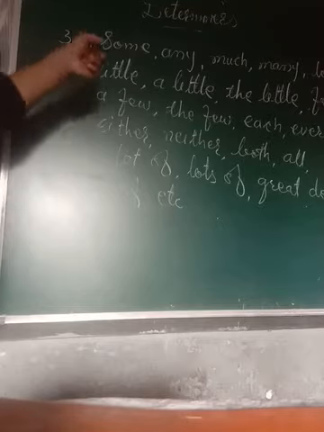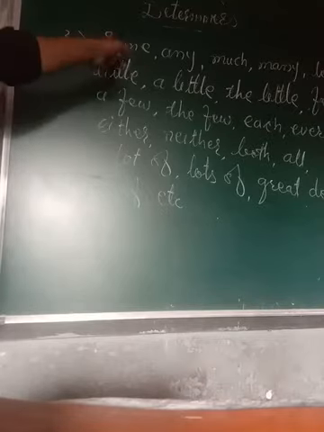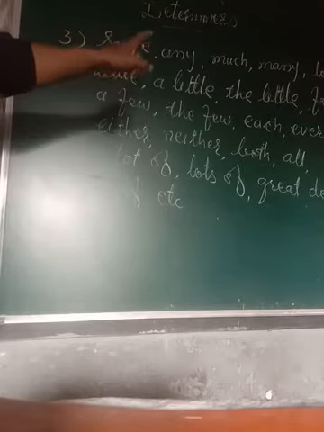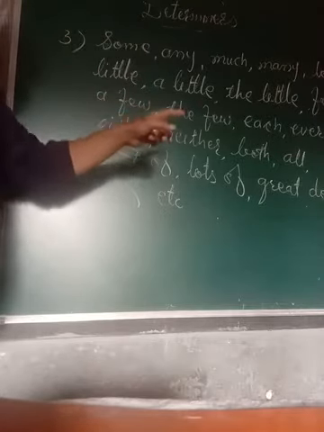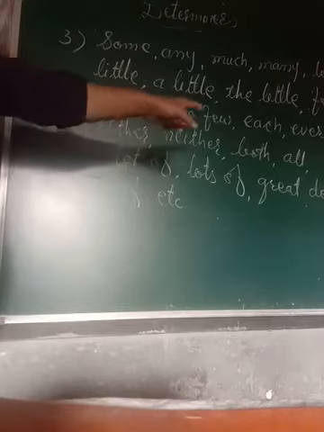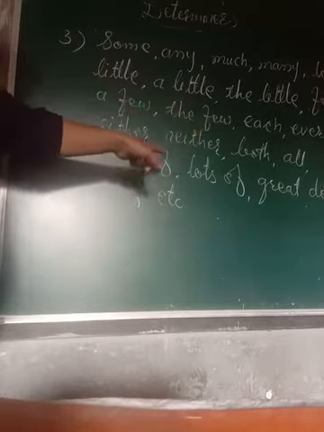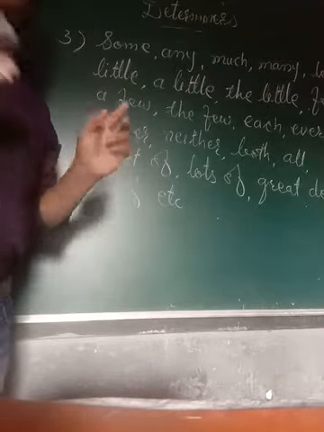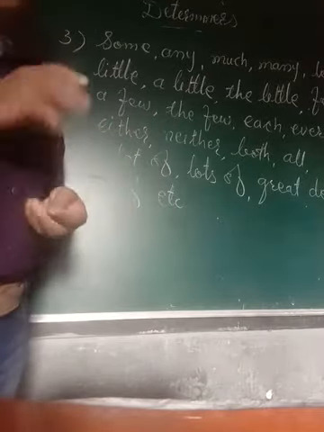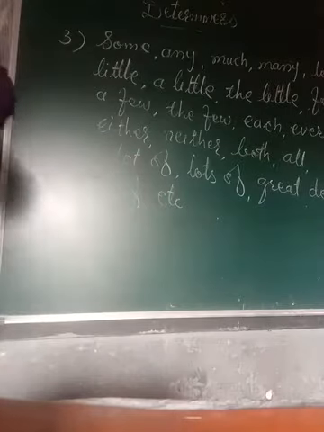I wrote them down on the blackboard. You can see them: some, any, much, many, less, little, a little, the little, few, a few, the few, each, every, either, neither, both, all, lot of, lots of, great deal of, etc. Means these are determiners. Now we are going to see their uses, how they are used in the sentences.